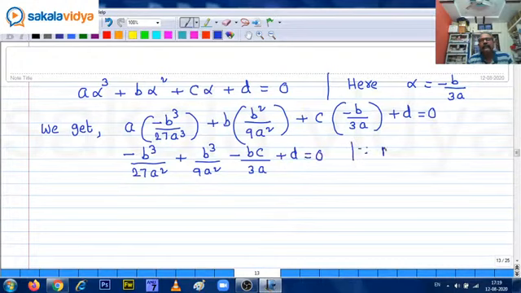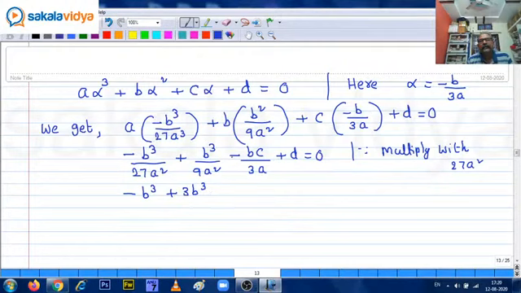Now multiply with 27a square both sides. This will be minus b cube plus 27a square into b cube by 9a square, this will be 3b cube.